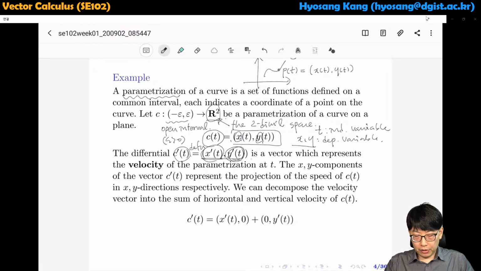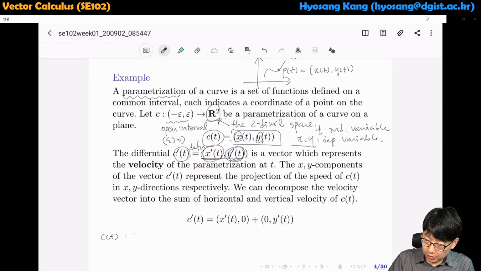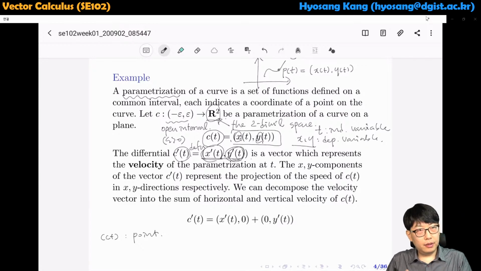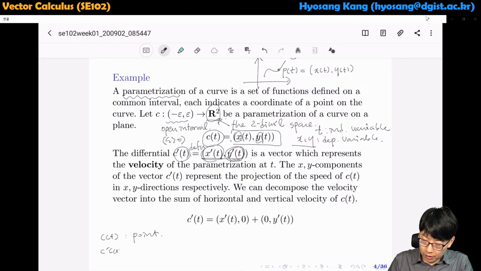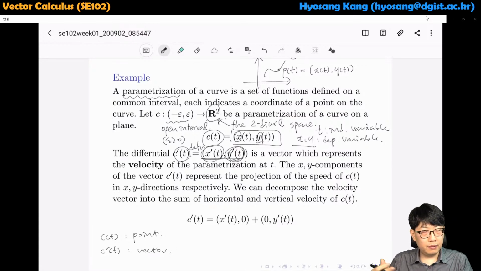Okay. So when I write c of t, this is a point. This represents the coordinates of a point. But when I write c prime of t, this is a vector, meaning that it's the velocity of a point. So when you use the word velocity, you need the parameter of time. So in this case, t is represented as time.